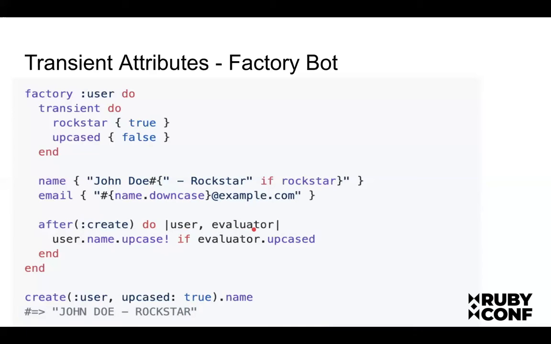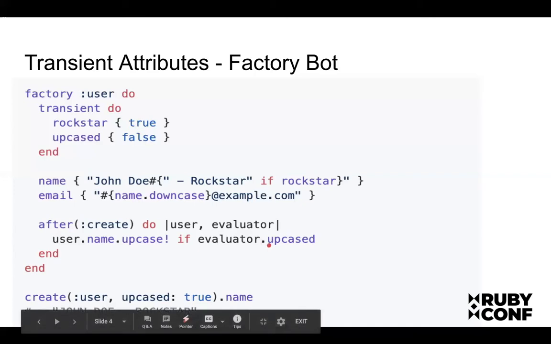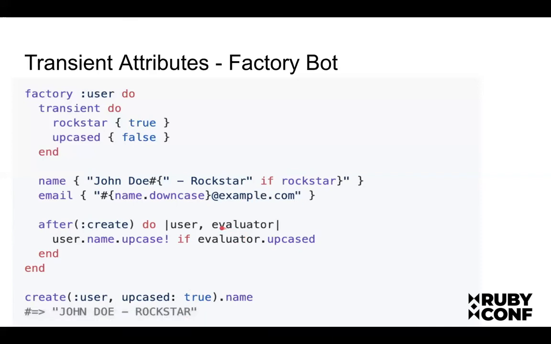What is the evaluator? It can be considered as an object, or a struct, and we can access its attributes with a dot. Whatever transient attributes we pass to this factory object can be accessed with the evaluator, which we pass as the second argument in the callback.